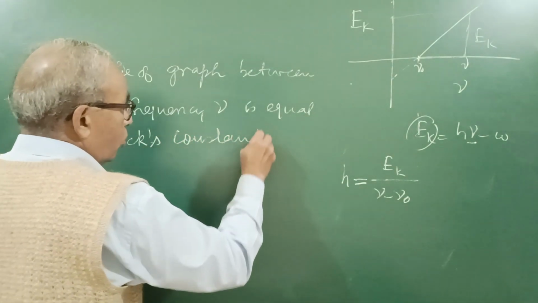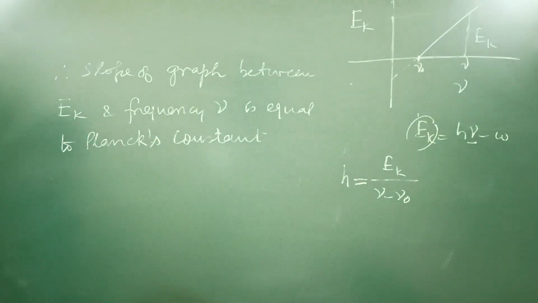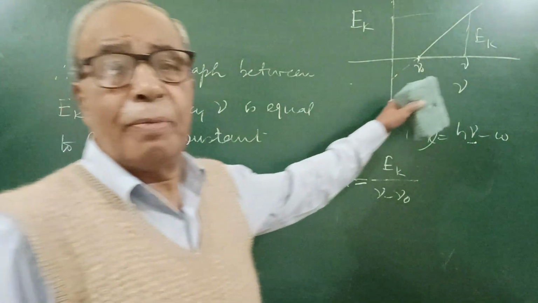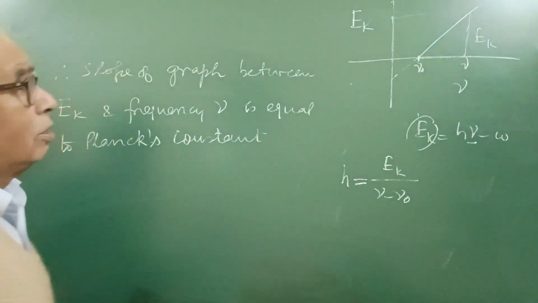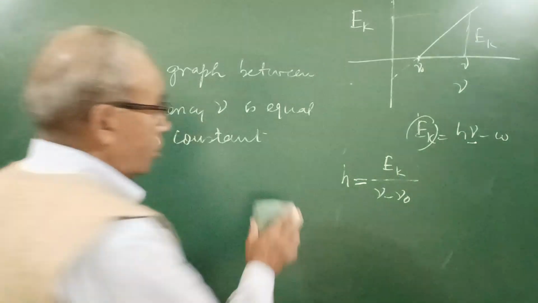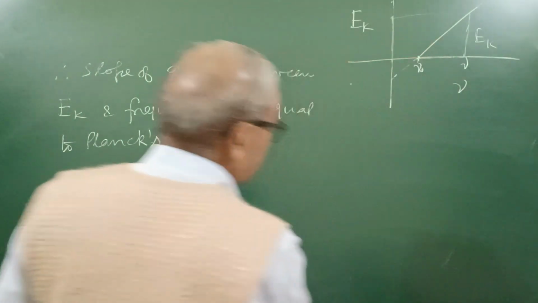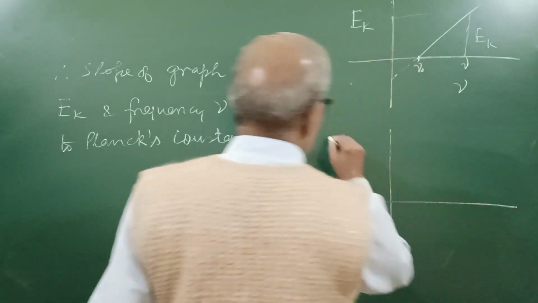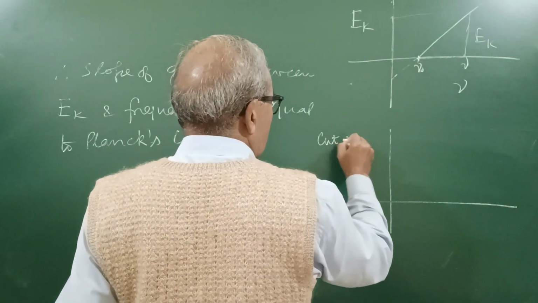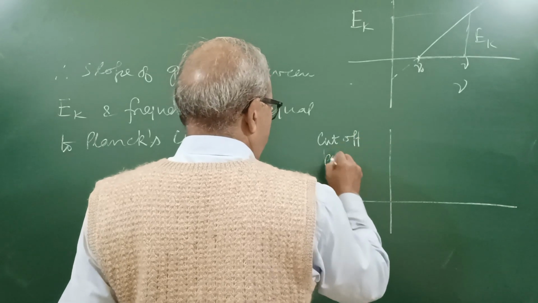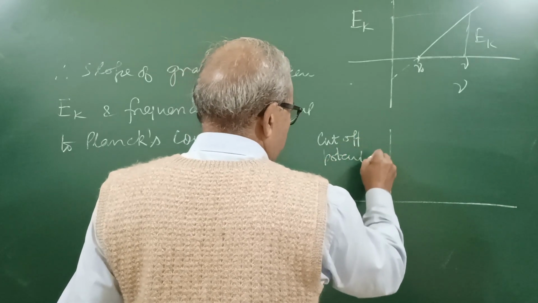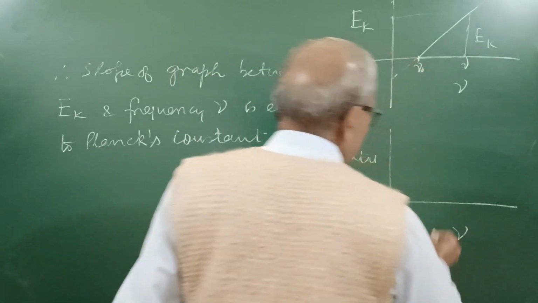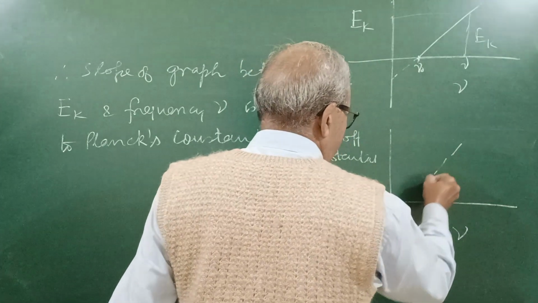This fact is very important from the exam point of view. Generally, you are given the graph and you may be asked to find the Planck constant from the graph. Sometimes this graph is given between cutoff potential and frequency. The graph again comes the same way.